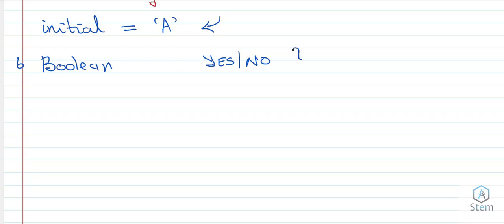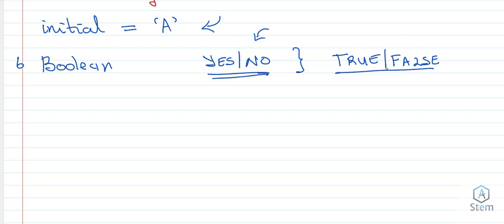I want you to not use the word yes, no, but use the words true, false situations. There is a situation where we are going to emphasize the use of yes or no. But when you are programming in pseudocode, in Python, we are going to be using true or false.